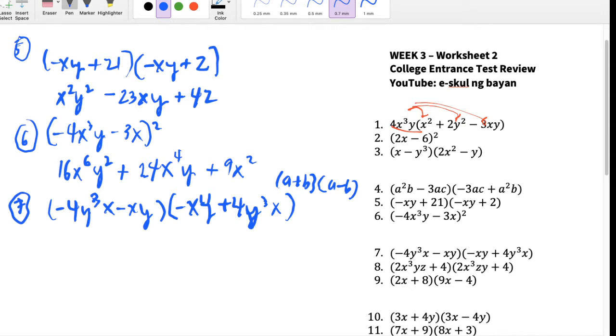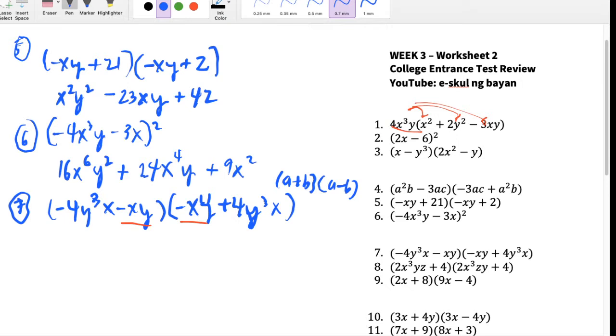Okay? So, ano yung gagawin natin na a? Yung negative 4y cube x ba o itong xy? Itong xy, kasi sila yung magkapareho yung sign. Pareho siyang negative dito. Okay? We have negative here and negative here. So, yun yung mauuna kasi sila yung term na same sign, same absolute value.